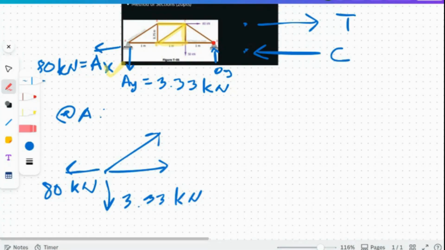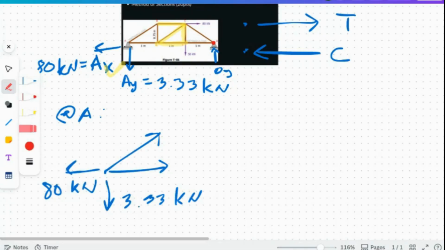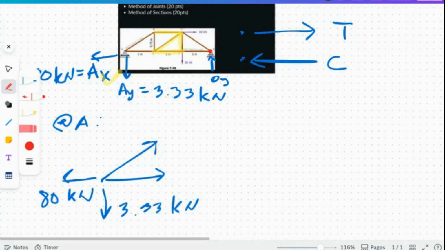So it's common practice that we start our solutions or assumptions as tension. It's just like earlier, the equation will just correct itself, and then we'll just have to reverse the sign or the direction of the arrow.